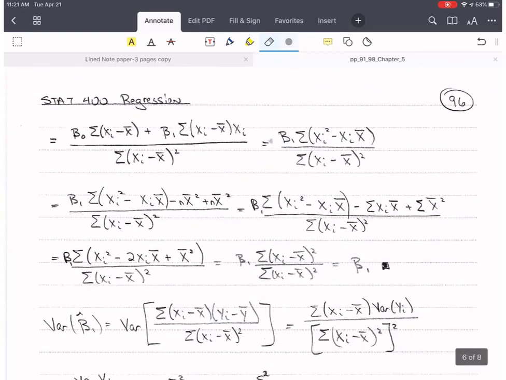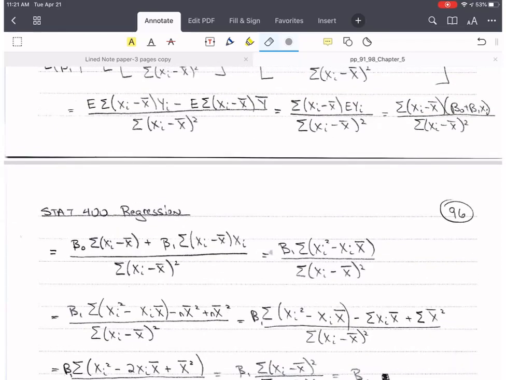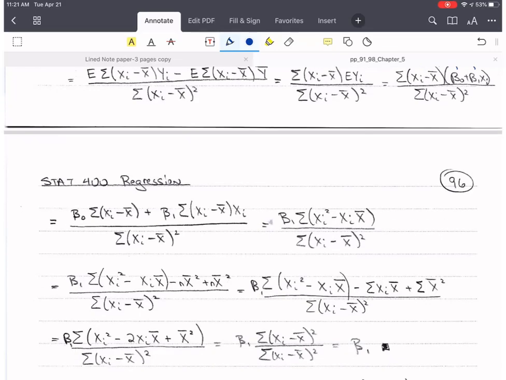Okay, so now I can again do the same trick where I'm distributing this quantity times that. So I've got beta naught, sum of xi minus x bar, beta 1, and again this quantity is 0. But here I have the extra xi, so it's not 0.